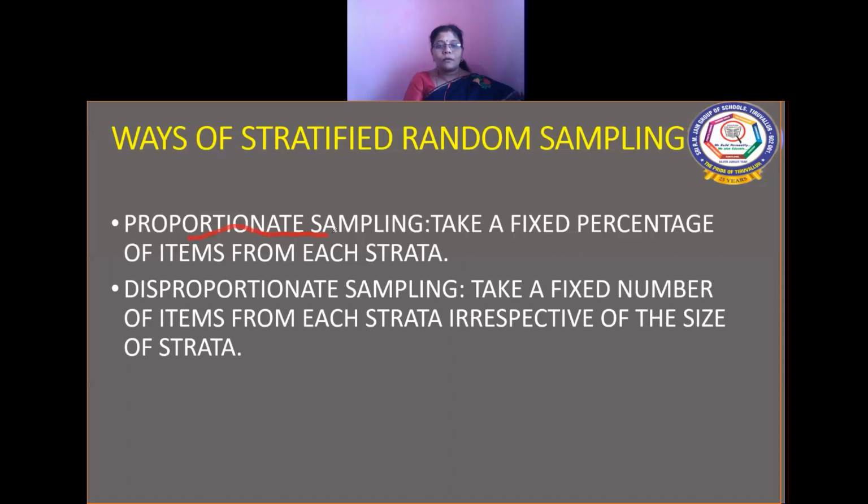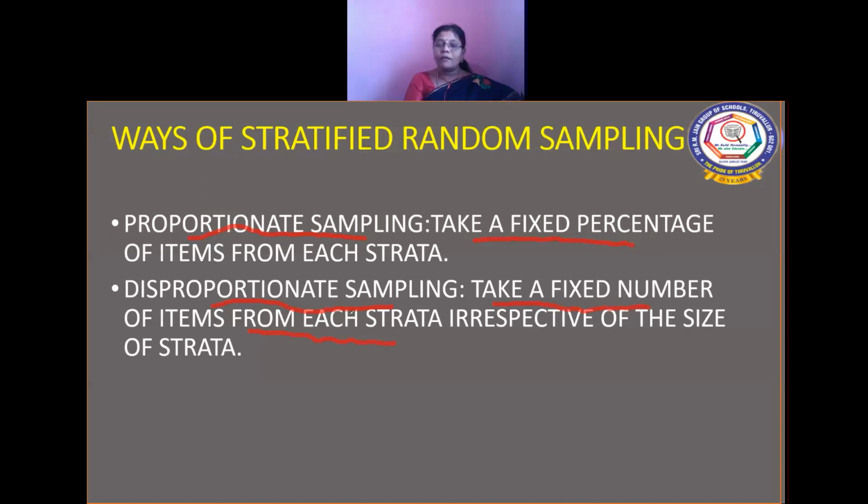One is proportionate sampling and the other is disproportionate sampling. In proportionate sampling, we take a fixed percentage of items from each stratum. In disproportionate sampling, we fix a number of items from each stratum irrespective of the size of the stratum.